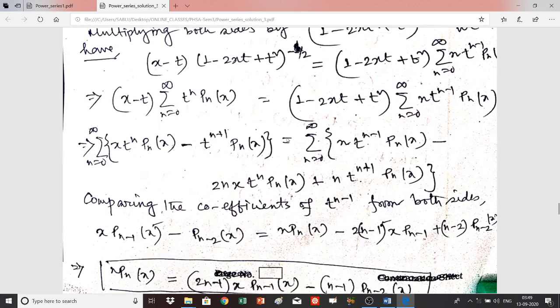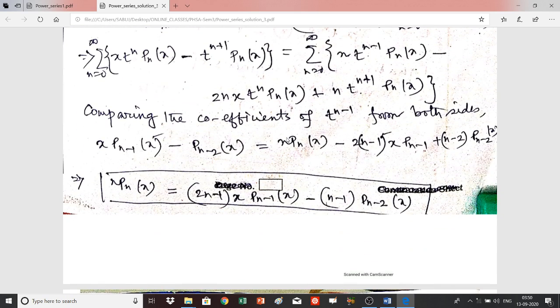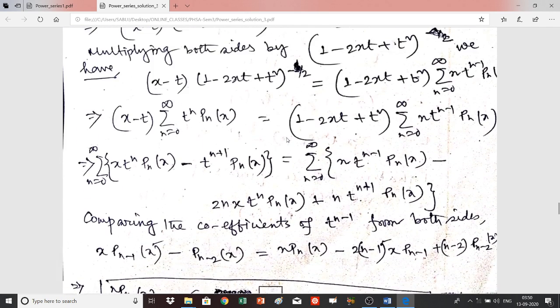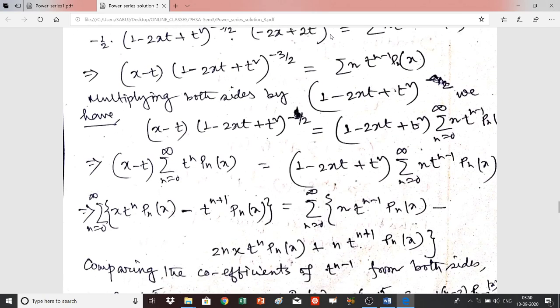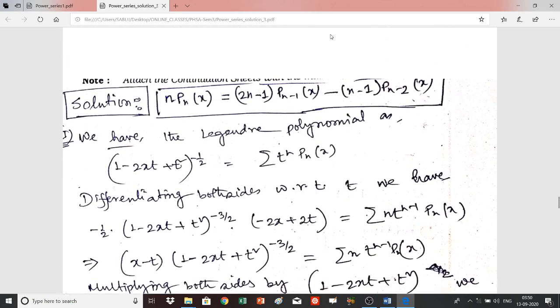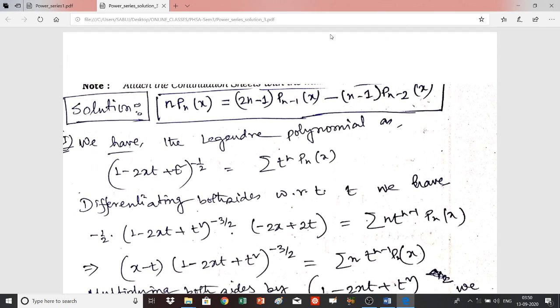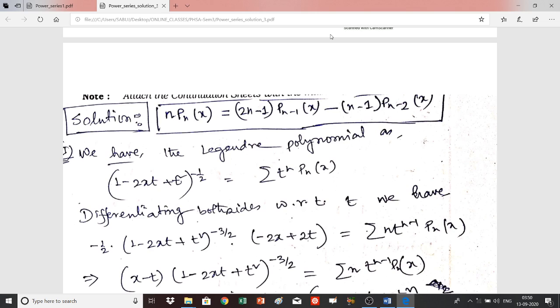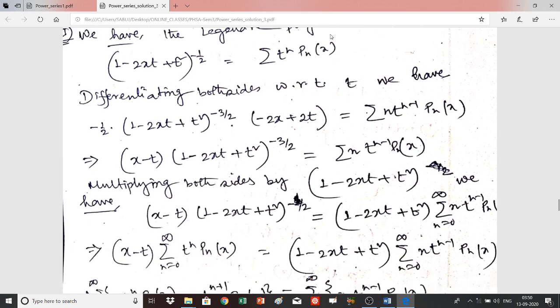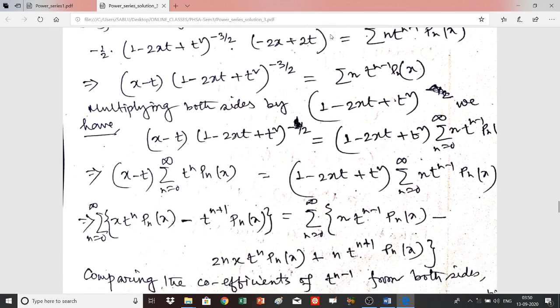You need not do it once again, because it has already been proved here. So you can just look at it. But you can employ any one of these two proofs. Okay, so I am leaving this section.